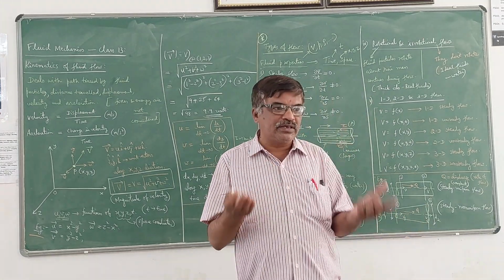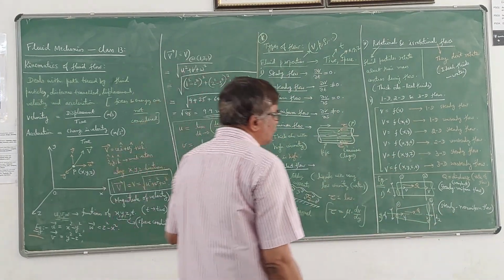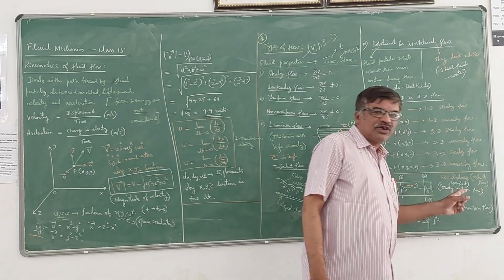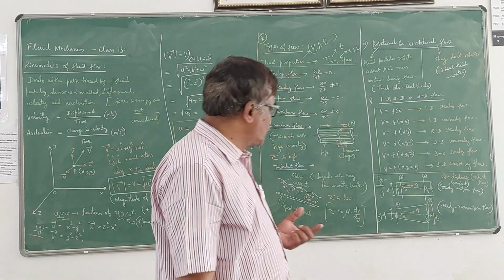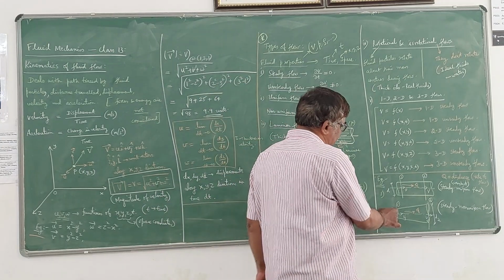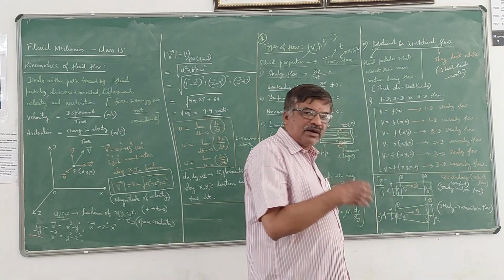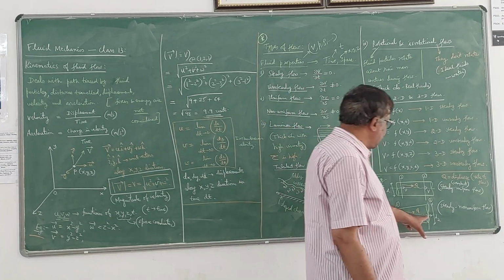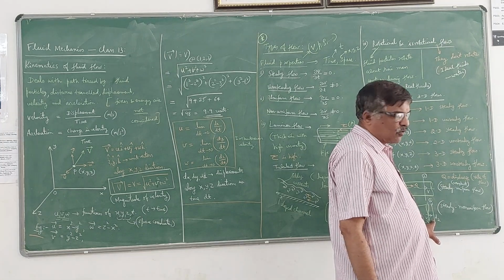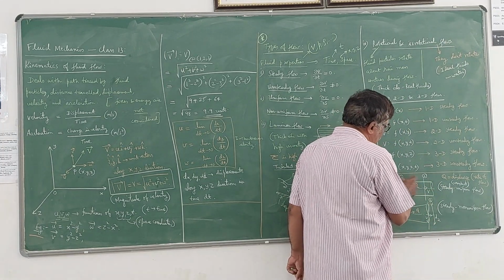Because Q is A into V, that I am going to explain in the next lecture. So this discharge is given by the cross-sectional area of flow multiplied by the velocity at that section. Here V1 and V2 are different because A1 and A2 are different. A1 is pi d1 square by 4, A2 is pi d2 square by 4, whereas here the area is the same, pi d square by 4 at both ends.